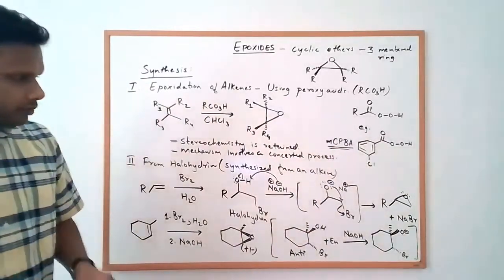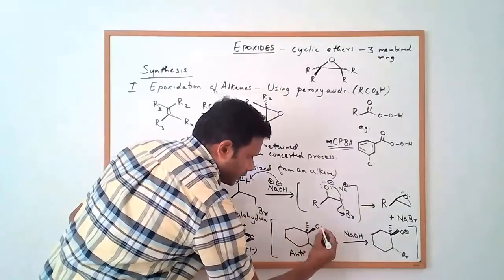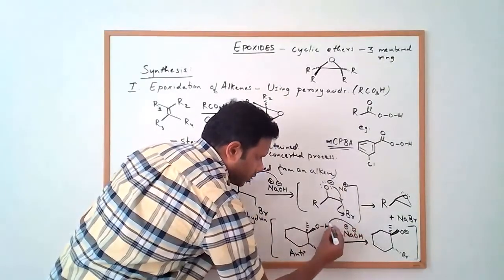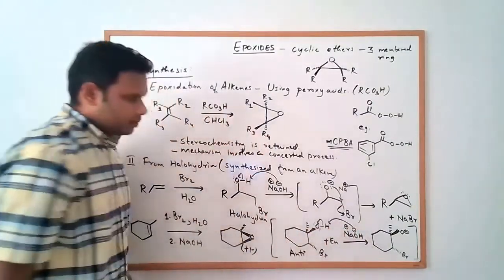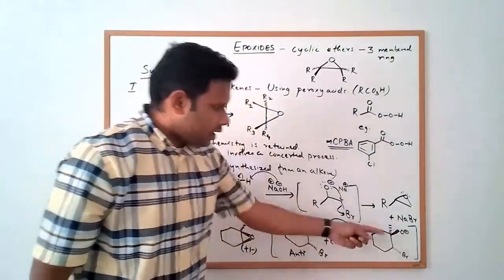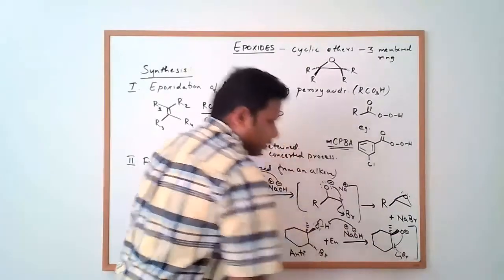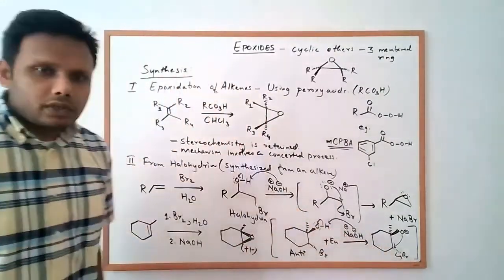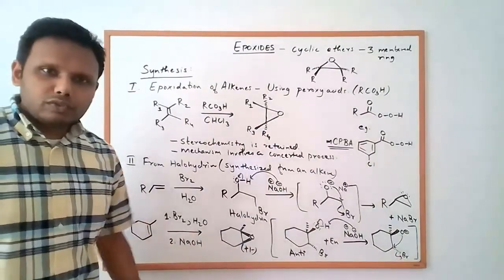So sodium hydroxide, when it reacts with the hydroxyl group in the halohydrin, will give us that nucleophile, the O minus. That O minus is now going to attack the alpha carbon here to kick out the halogen as a halide, and that would give us the product. So that's how we get to this product.